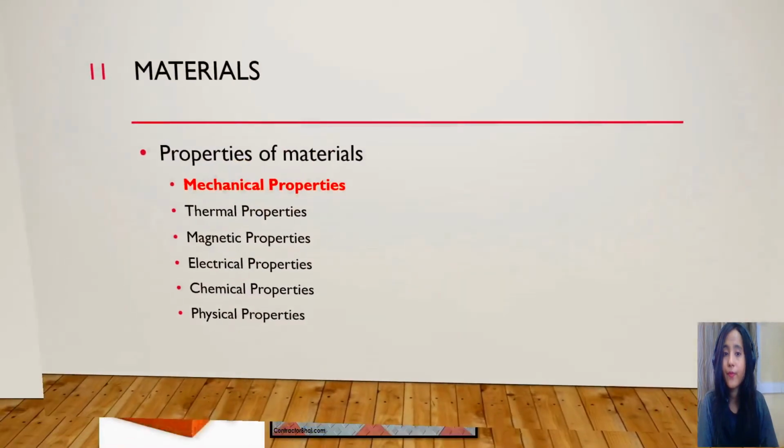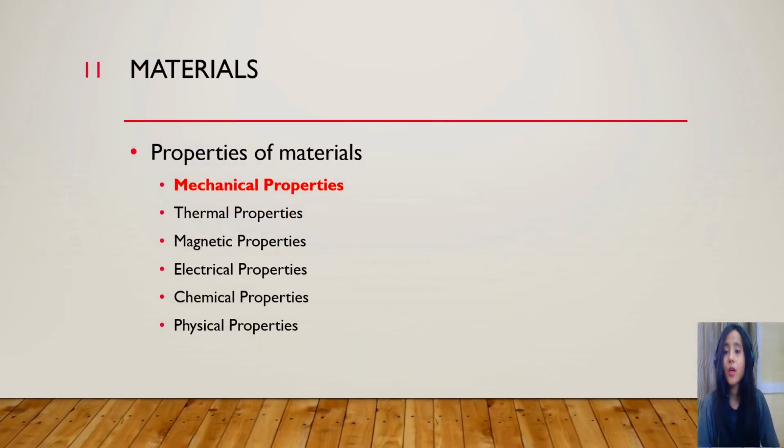All these materials will have some properties, and these properties are mechanical, thermal, magnetic, electrical, chemical, and physical properties. Now, from all these properties, for us civil engineers, we are much obliged to know more about the mechanical properties of those materials.